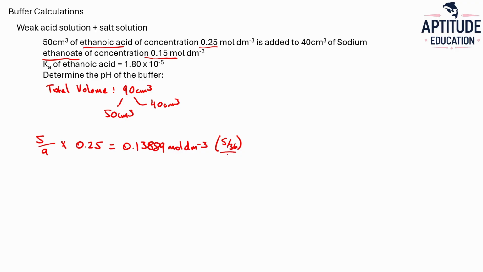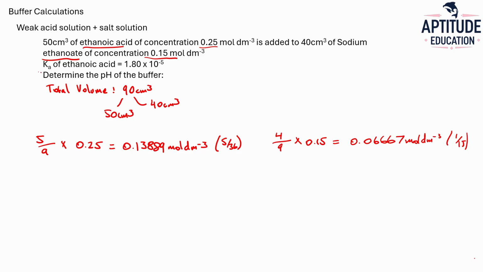I'm going to keep this value on my paper, and we're going to do the same now for ethanoate. So 40 over 90, which is the same as saying 4/9, times 0.15 gives us 0.0667 moles per decimeter cubed, and that is the equivalent of 1/15.